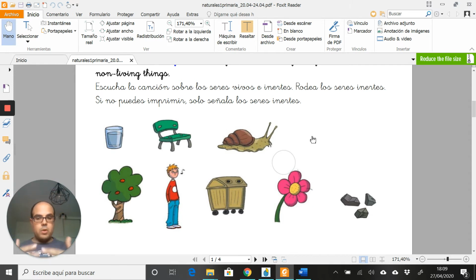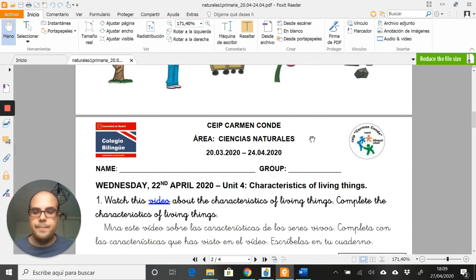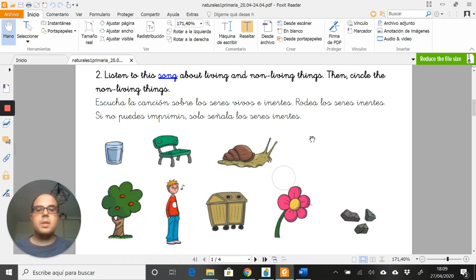It reproduces, it grows, it needs food and water to live, it moves, it breathes, it needs air, and finally it dies. It's the same with people like us.